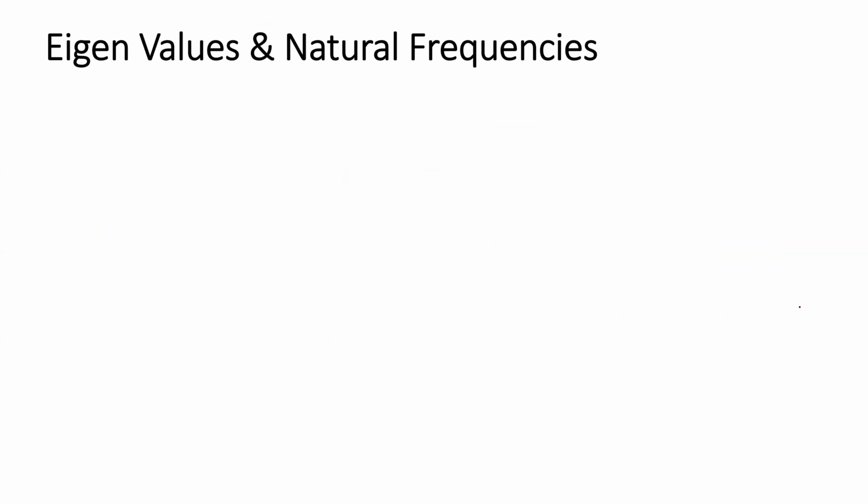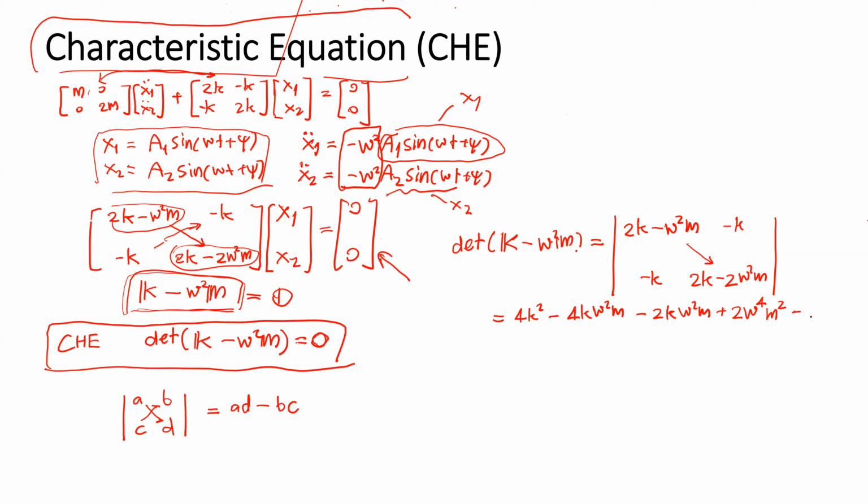And yeah, we subtract by k squared by multiplying it in diagonal upward. And this will equal to 0 because the determinant equal to 0 is the characteristic equation. Yeah, let's combine the terms. We have the terms of omega power 4 and the terms of omega power 2 and the terms that don't have omega.